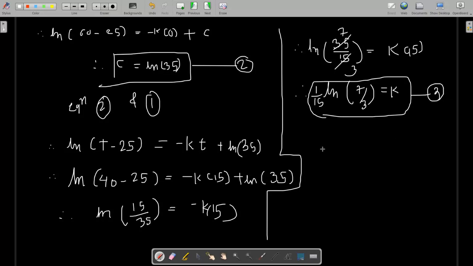Now put this equation 3 in equations 1 and 2 as well. So our final equation is ln of T minus 25 is equal to minus 1 upon 15 ln 7 by 3.